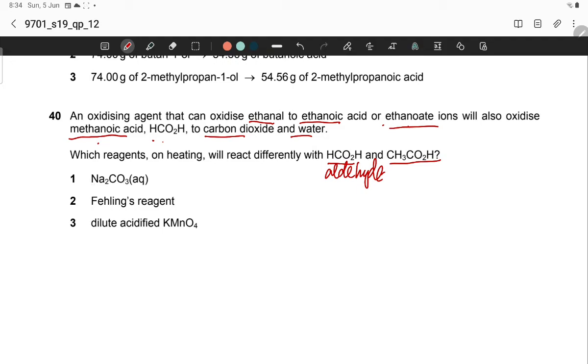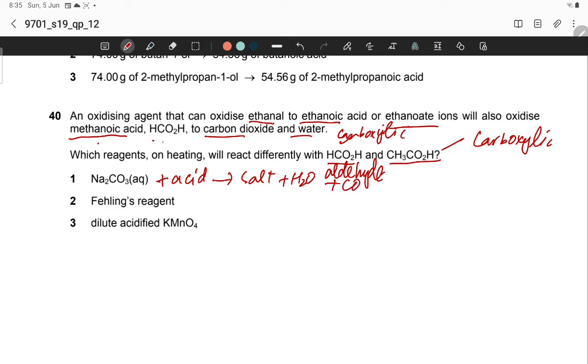Sodium carbonate: this is carboxylic acid, and this is also carboxylic acid. Both react with sodium carbonate plus acid to form salt, water, and carbon dioxide. So this is incorrect.